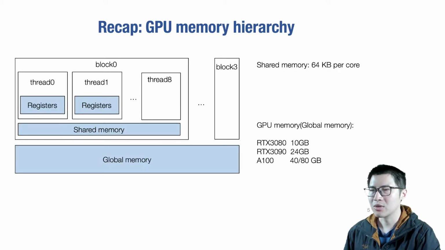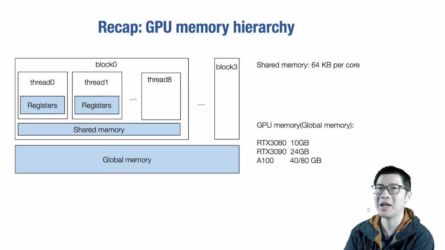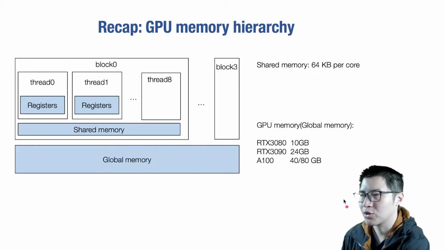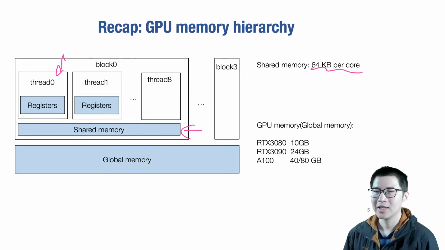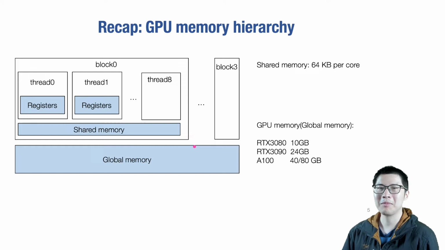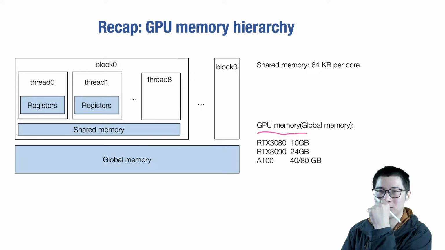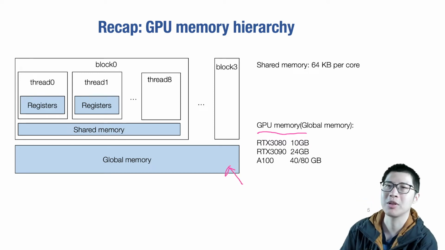As the first part, let's start to talk about the GPU memory hierarchy, since we just learned about GPU programming. Remember that in terms of GPU hierarchy, of course, we have the streaming multiprocessors. Within a streaming multiprocessor, we have limited shared memory, 64 kilobytes here. But besides those things, when you go and buy a GPU, like say, I'm going to buy a 3080, there is a tag on the GPU about how much GPU memory you have, and this usually refers to the global memory on the GPU.